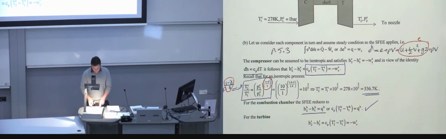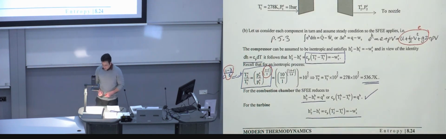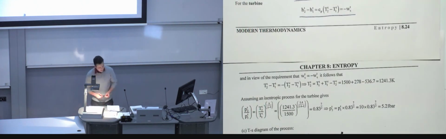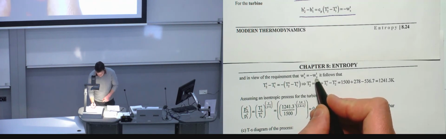Moving on to the turbine, it's exactly the same as a compressor. The only thing that you realize, we'll come back to this actually in a moment, because there's a difference in terms of the shaft work in the direction. And that difference is this. The shaft work, actually there's a typo here.